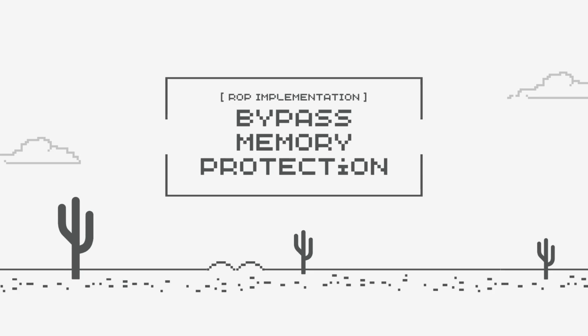Now let's look at real-world ROP implementation. One of the most common techniques is bypassing memory protection, specifically DEP or the NX bit. On Windows, we use the VirtualProtect function. On Linux, we use Mprotect. Both of these are legitimate operating system functions that can change the protection flags on memory pages.